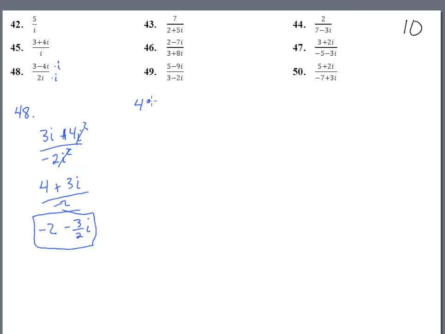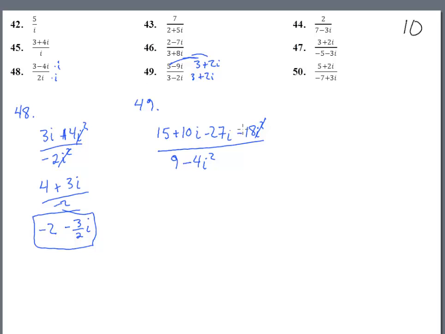Number 49. We're going to multiply by 3 plus 2i, 3 plus 2i, and as we distribute that through, and that one through, we're going to get 15 plus 10i minus 27i minus 18i squared over 9 minus 4i squared.